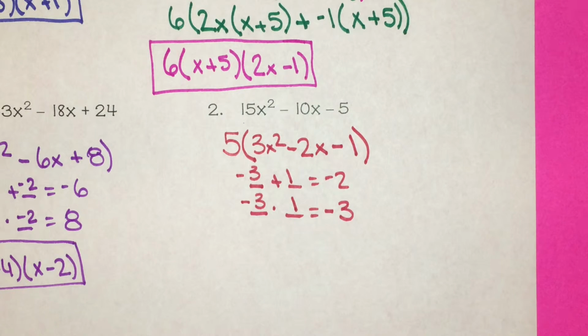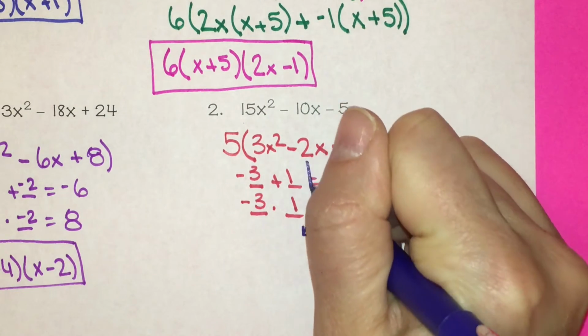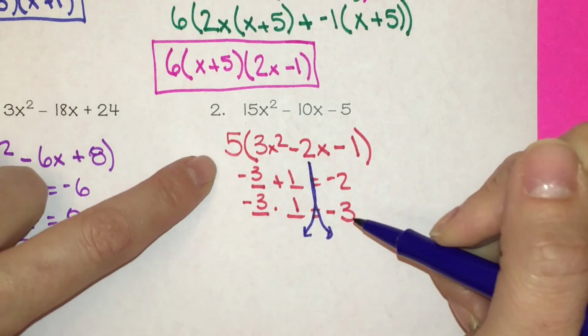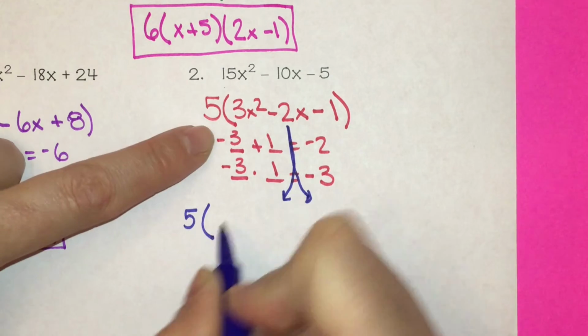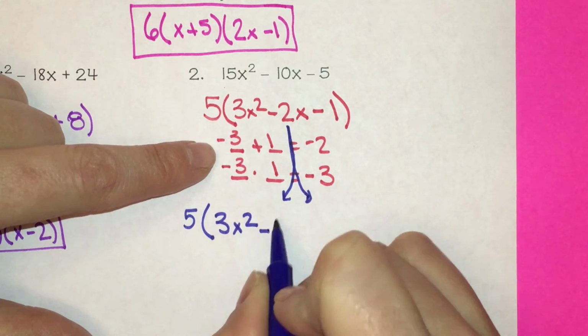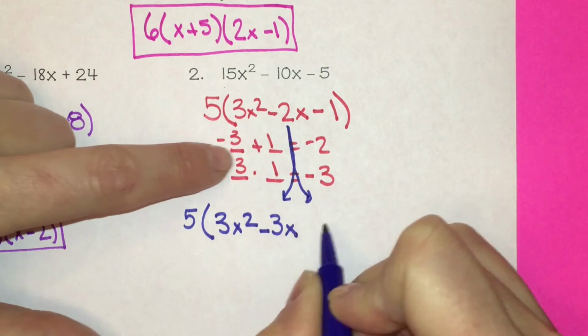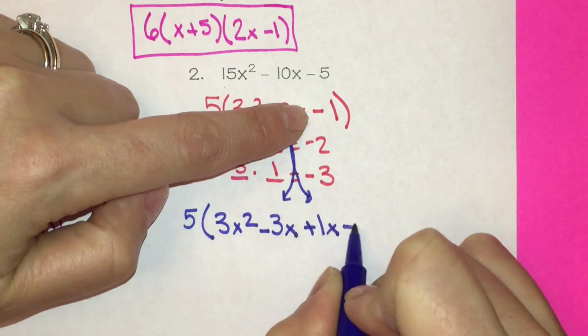Right, this one we use to break down that middle term. So we still have 5 times 3x squared. All right, inside we have minus 3x plus 1x minus 1.